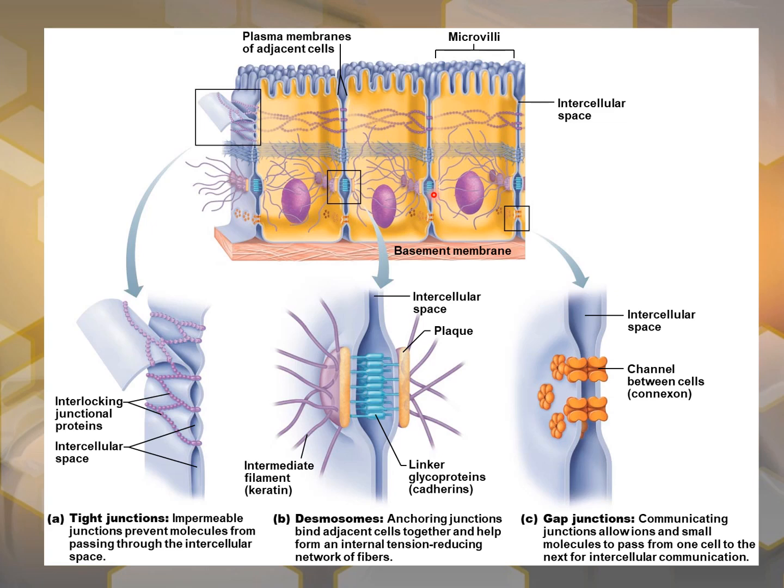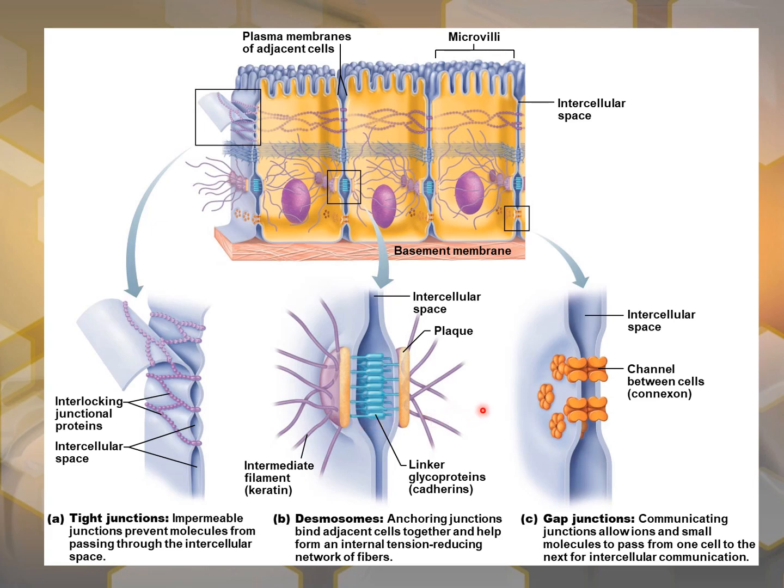So it's going to help release some of the tension between the two cells. Okay, so it kind of gives it a little bit of a buffering system, kind of a cushion. Okay, that's these plaques. But again, you don't need to know all the details of how the desmosome complex is made up.